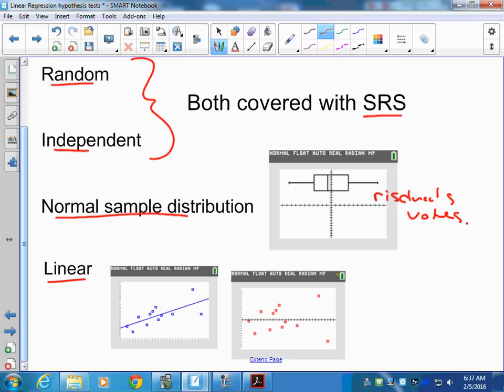Once you have your residual values, you do a box and whisker to prove it's normal. All we're looking for is that there's not extreme skew, and there is no extreme skew in this situation, only very slightly skewed to the right. So this is an approximately normal sampling distribution of residual values.